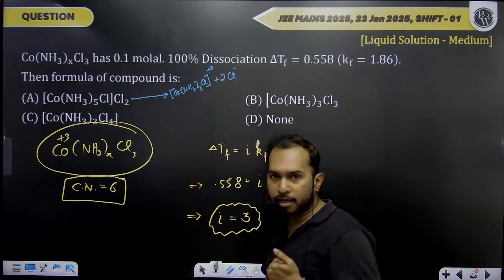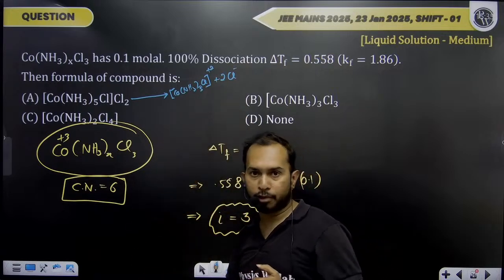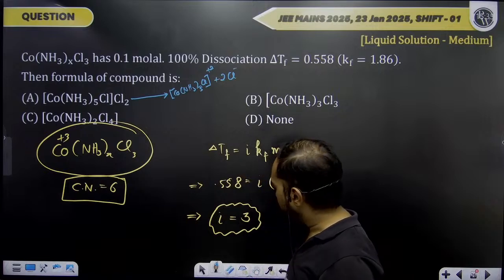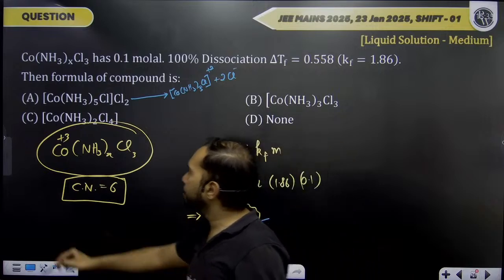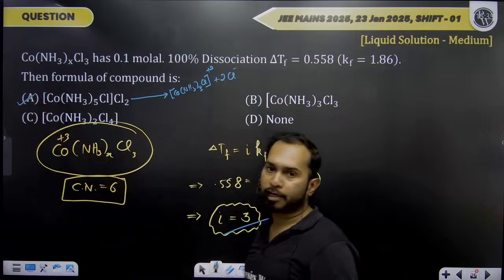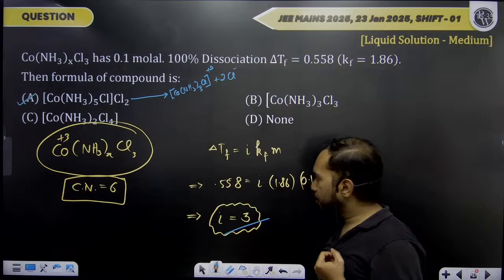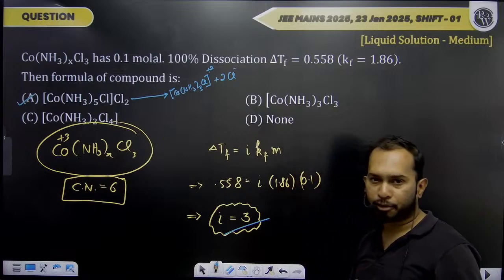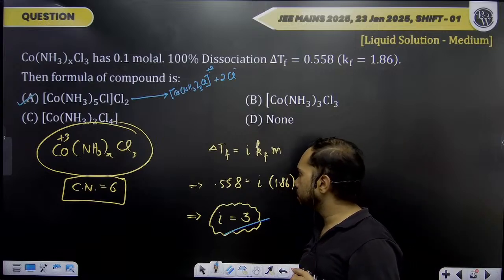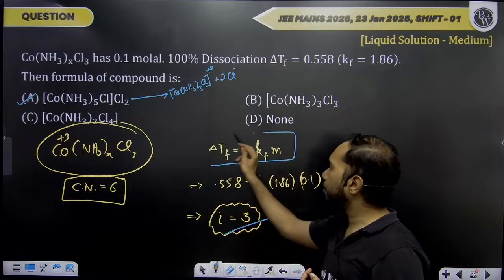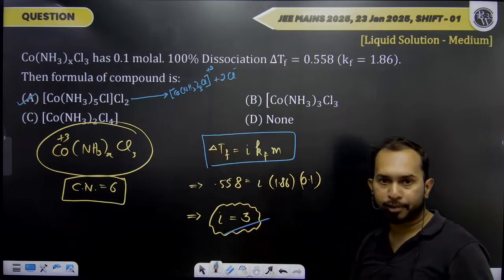So how many ions are produced? 1 cation, 2 anions. The van't Hoff factor is 3, and we needed it to be equal to 3 only. So the correct answer is A. I would again say this question is also easy, not medium. You just need to remember this formula: delta Tf is equal to i Kf into m, right?